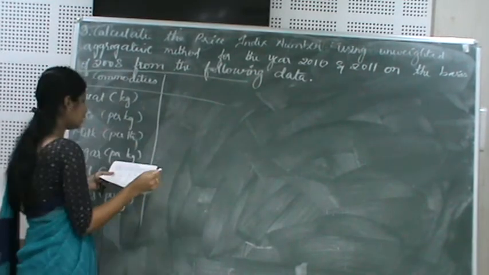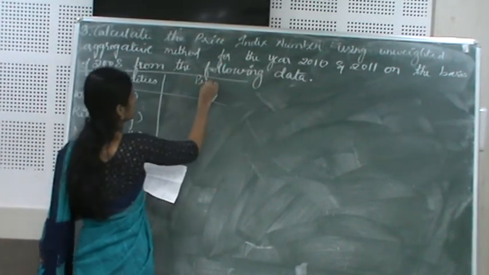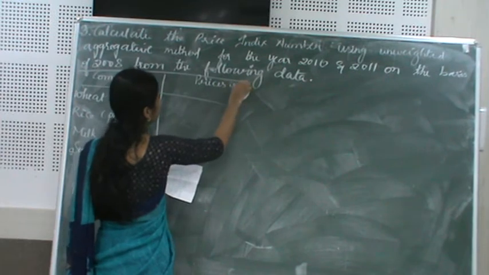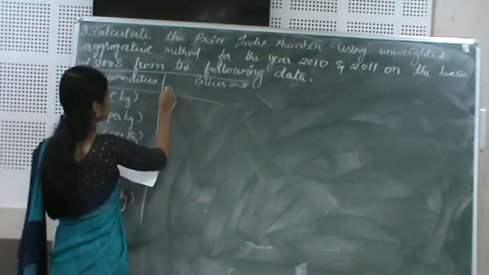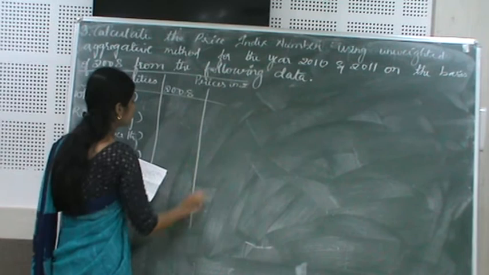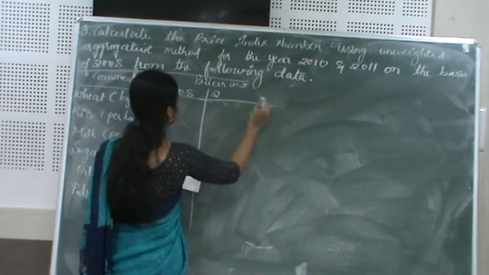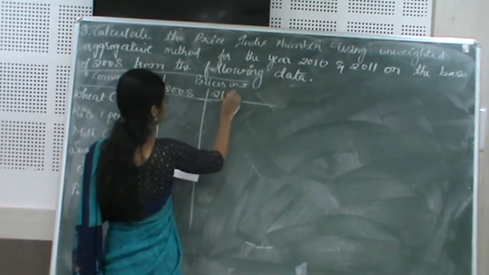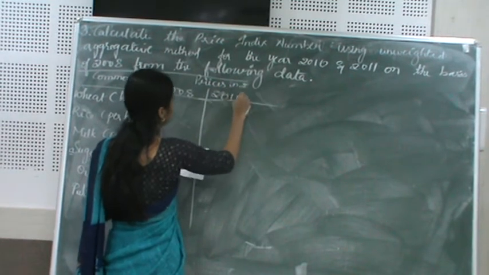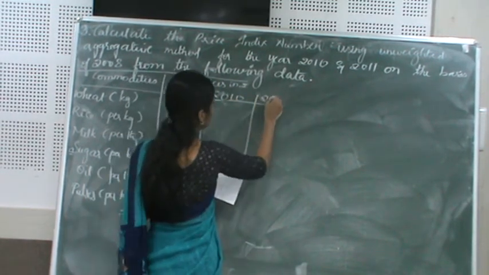Next they have given the prices in rupees, that is in 2008. Next they have given the prices in 2010. Next the prices in 2011.